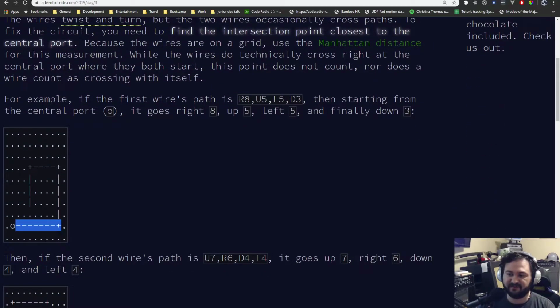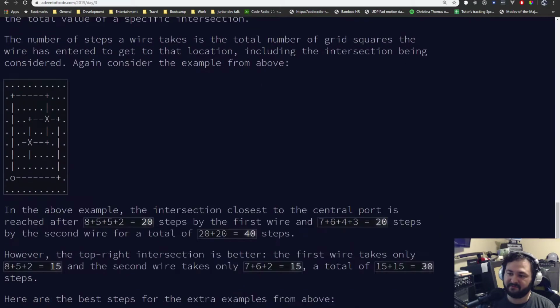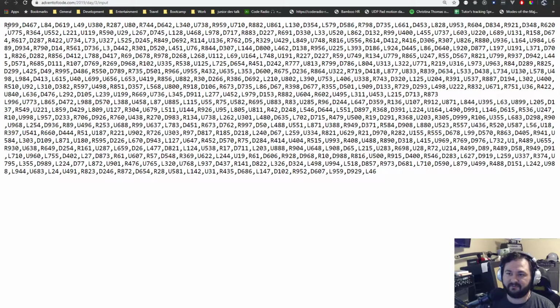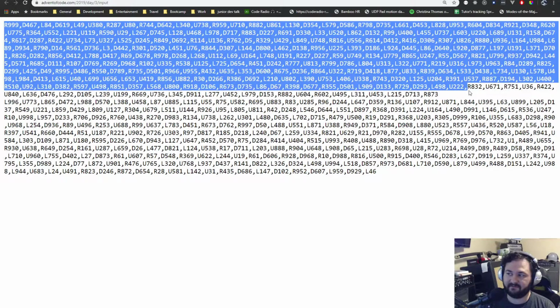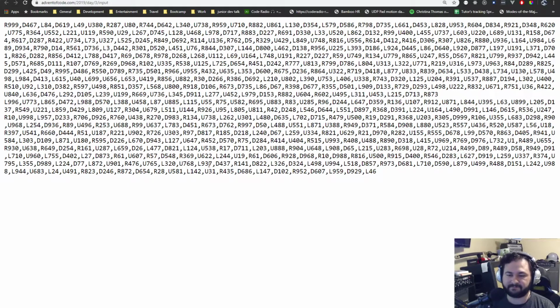This one's having you find a path or follow a path. I forget what the input is for this one. Yeah. So this is 2 paths of wires. And if you follow this path, one solution to this is to do algebra, which is what I did.